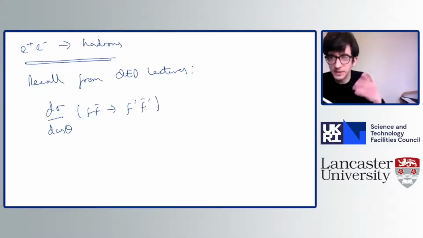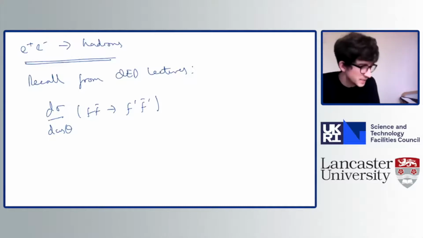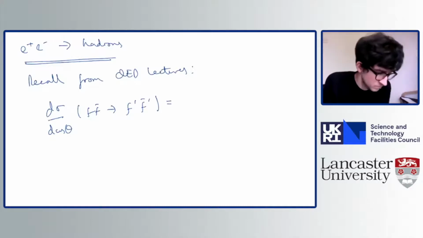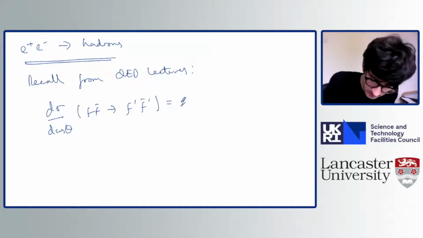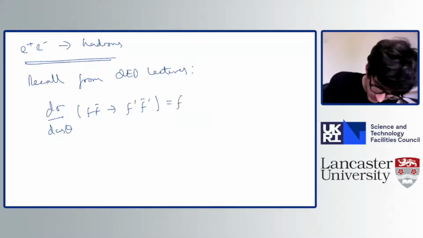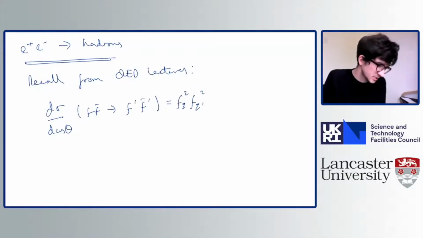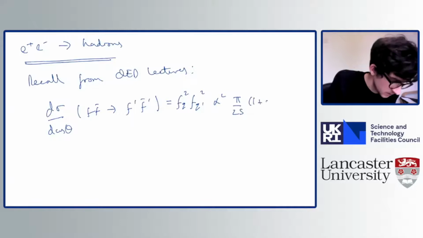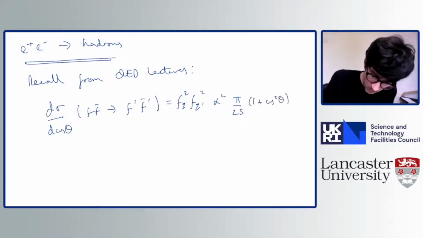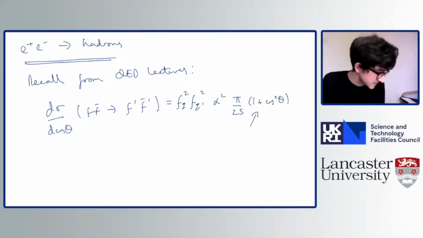You'll have seen that in the context of E+, E- to mu+, mu- in QED, but one could easily replace them with other types of fermions, and what you end up with is the fractional charges, let's call them FQ and FQ prime, squared, times alpha squared pi over 2s times 1 plus cos squared theta.